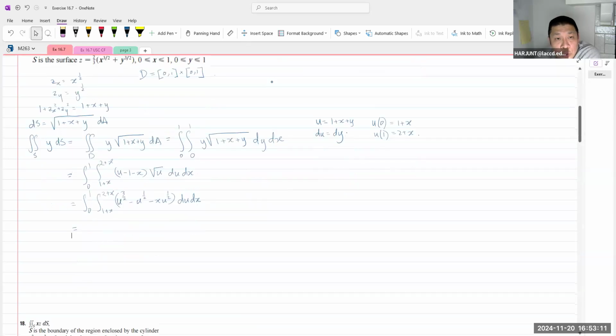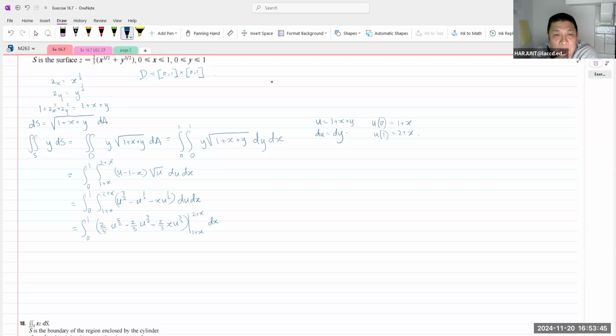Integrate with respect to u, that will be 2/5 u to the power of 5/2 minus 2/3 u to the power of 3/2 minus 2/3 x u to the power of 3/2, from 1 plus x to 2 plus x, dx.